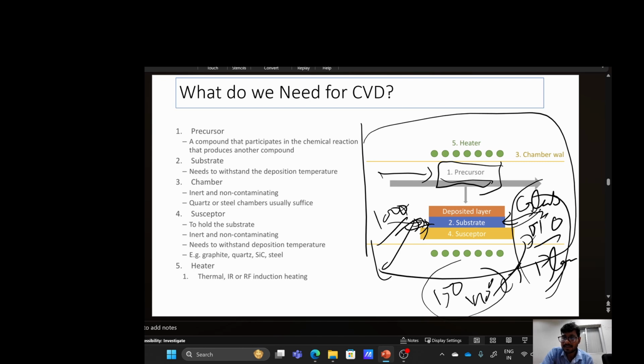The third one is the chamber wall. This chamber wall should be non-contaminating, and it should not be metallic. If it is metallic, that metal will come out of the wall and diffuse inside your substrate, which will damage your devices.